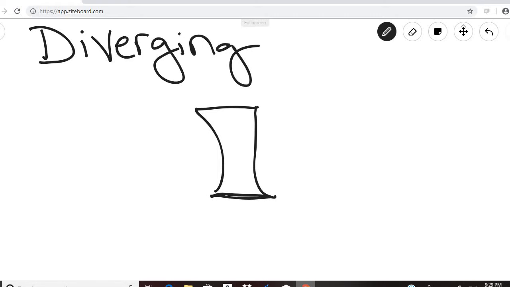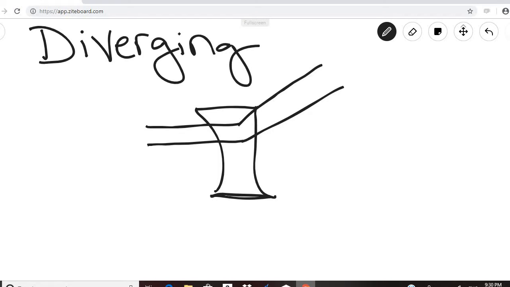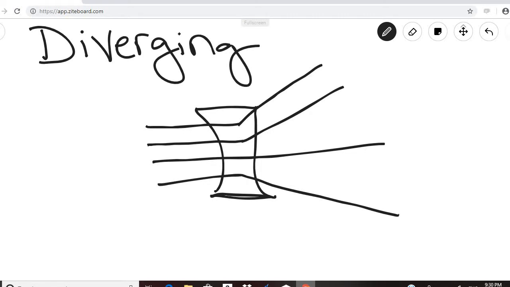And what happens with a diverging lens is that any light beam that travels in horizontally, it bends away from the center of the lens. So one coming in here would bend out like that. One that would come straight in would go like that. If it comes in here, it's going to bend out like that. Coming in here, it's going to bend out like that.